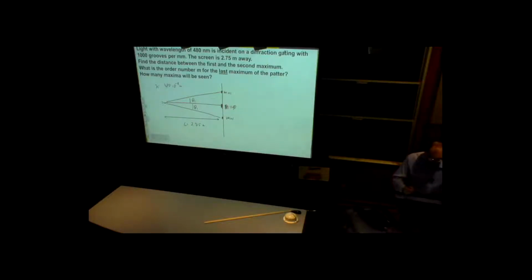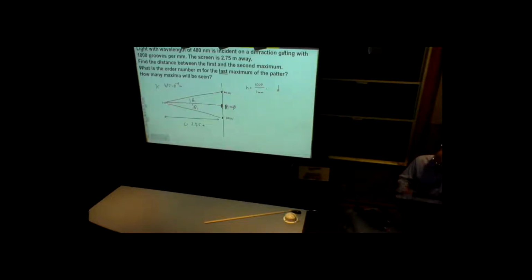And what else do we know? We also know that it has, well, that's density, something per length, 1,000 slits per 1 millimeter. That's what we know. That's not what we need. We need d, the distance between two adjacent slits. Why?